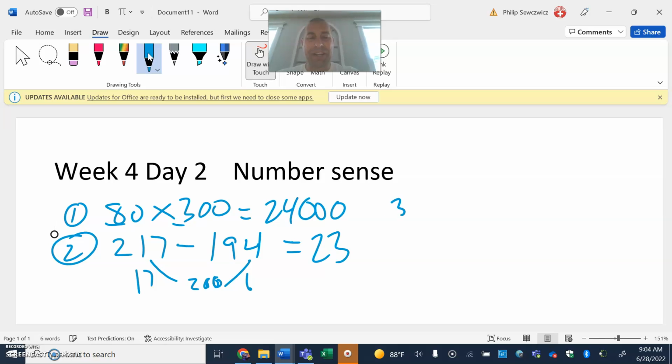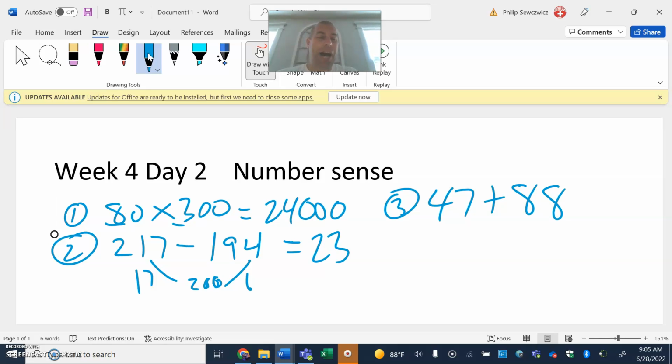Question number 3. How about 47 plus 88. This is an addition one, and one of the things we can do is use that 0, bump it up and then take away.